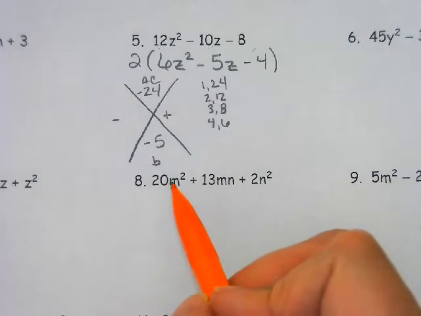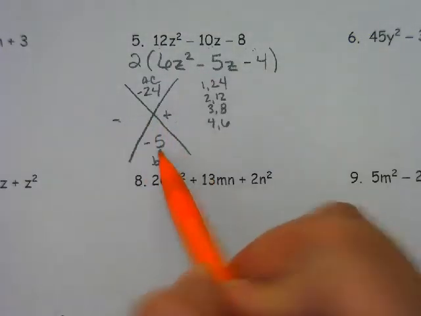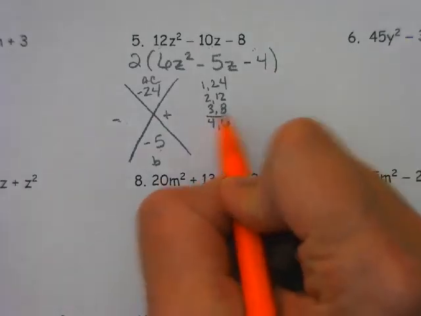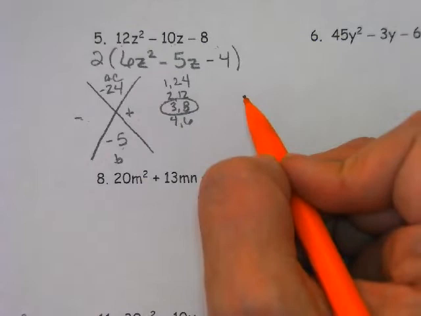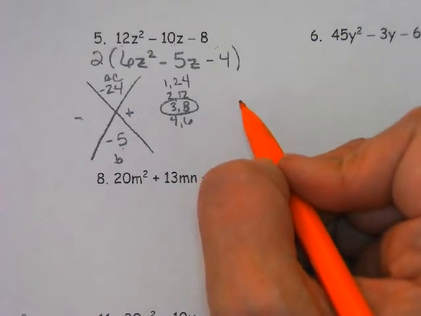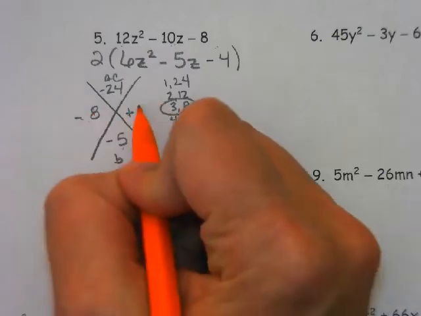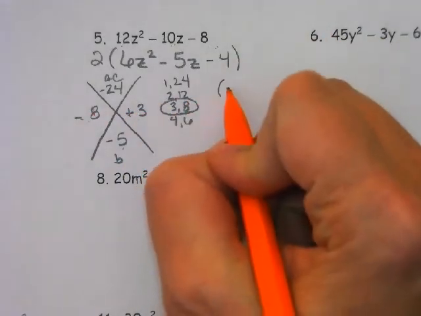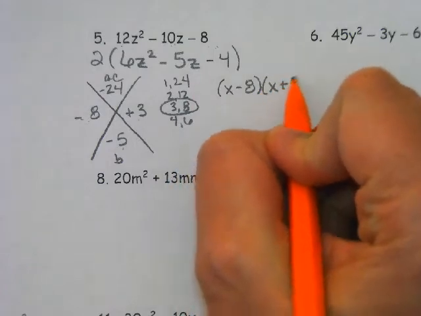I'm looking for these factors that subtract to give me 5. So what's it going to be? 3 and 8. Now I have to decide, because signs are important, is it going to be a negative 8 or a negative 3? All right, so negative 8, positive 3. So I can write x minus 8 times x plus 3.